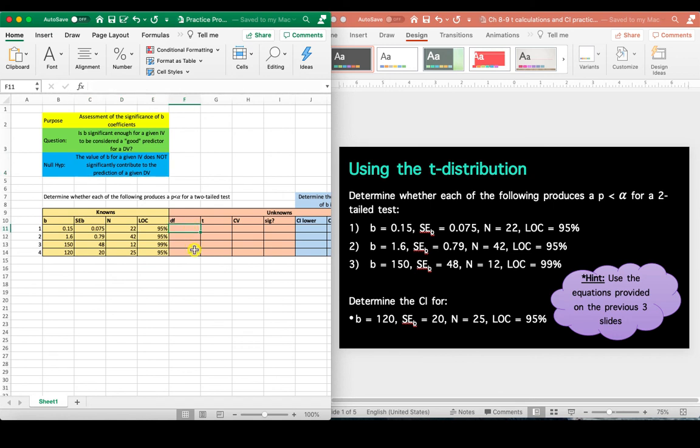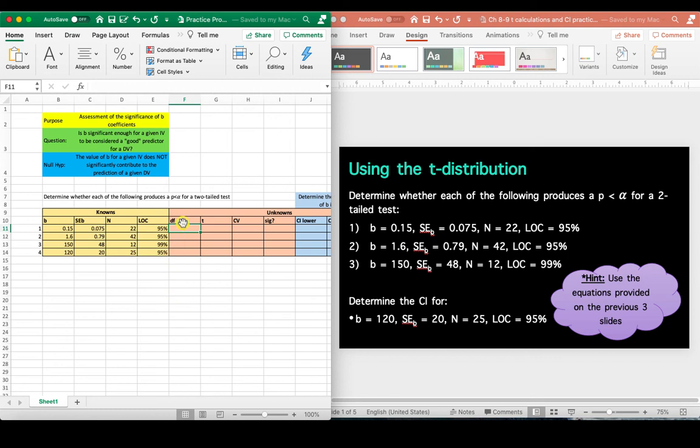Okay, so the first unknown that we need to find is the degrees of freedom. Remember, degrees of freedom for a regression is going to be n, or the sample size, minus however many independent variables we have. In this situation, it's a bivariate regression, so there's one independent variable and one dependent variable.